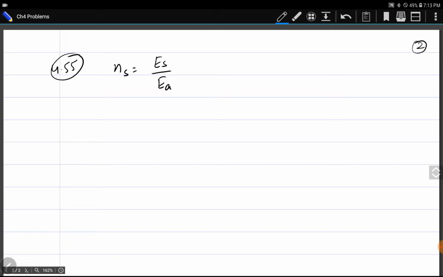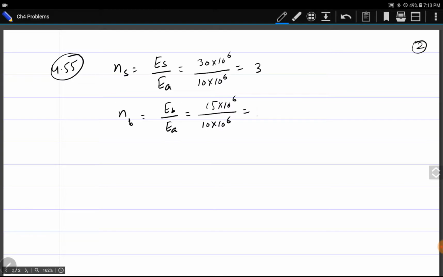It is 30 into 10 power 6. E for aluminum is 10 into 10 power 6. So it comes out to be 3. N for brass is E for brass divided by E for aluminum. It is 15 into 10 power 6 divided by 10 into 10 power 6. So this comes out to be 1.5.